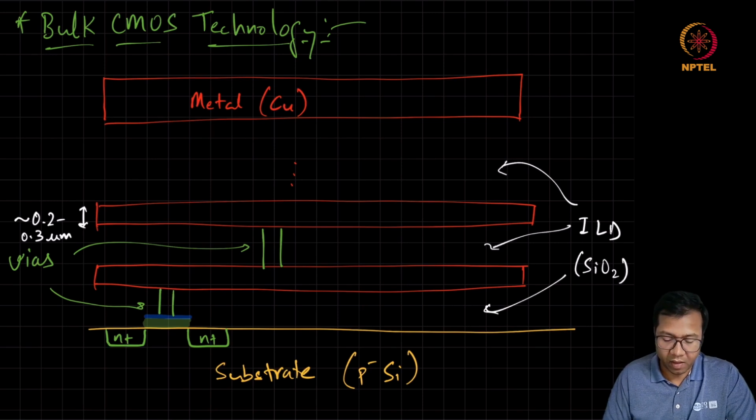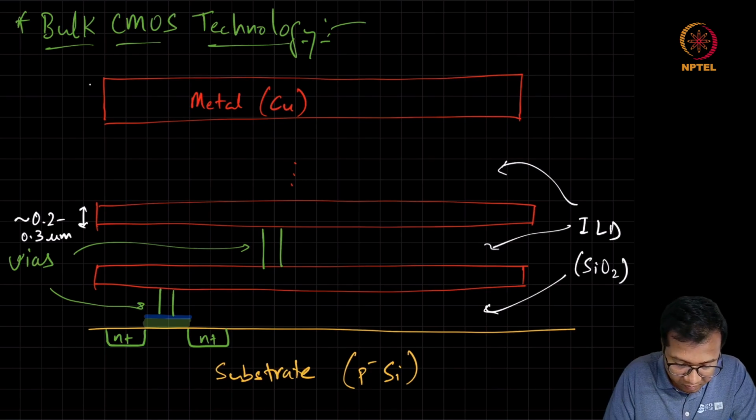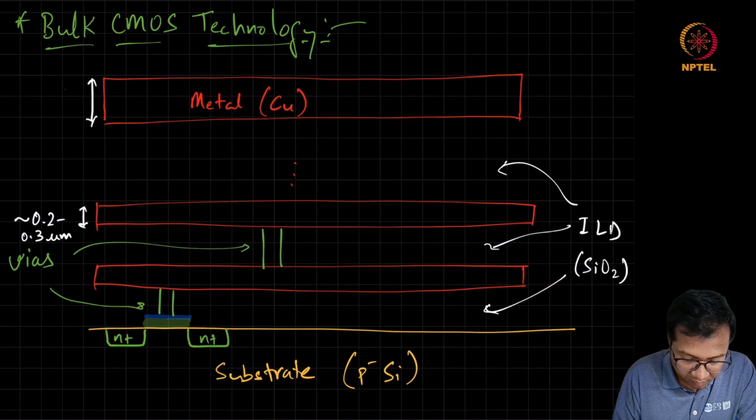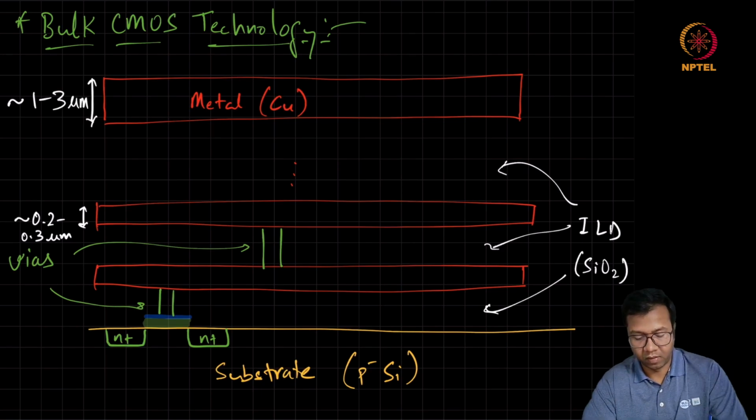Similarly, the gap between the metals is also going to be of a similar order. Whereas as we go to the top layer, it is possible that thicker metals are available, and these thicker metals will be of the order of a few microns. It can be anywhere from 1 to 3 microns.